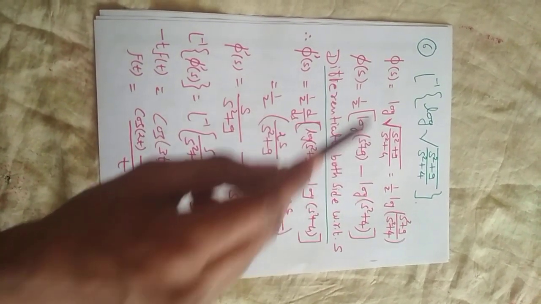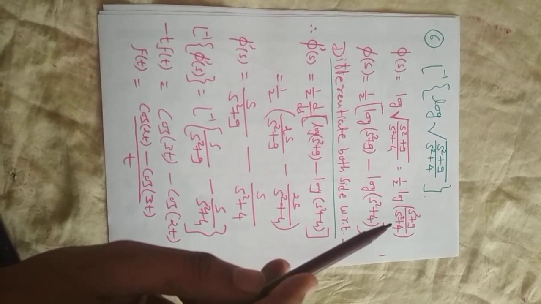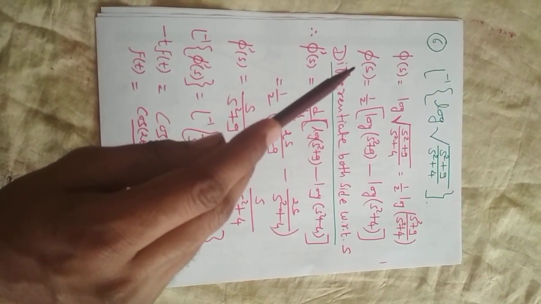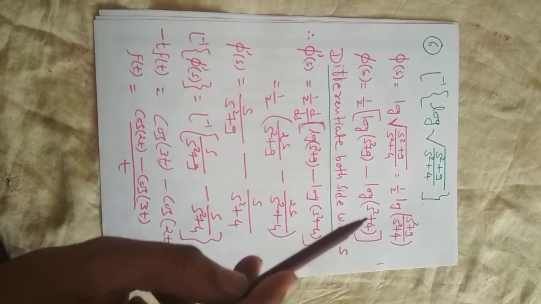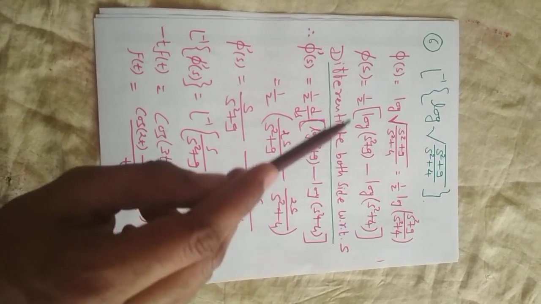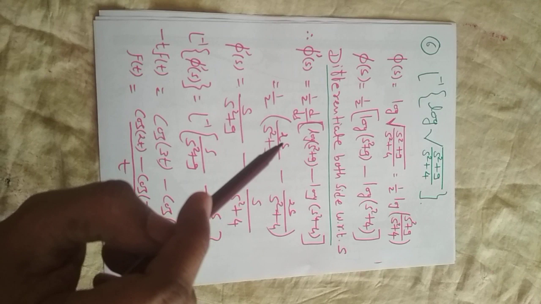So finally phi of s will be 1 by 2 log of (s square plus 9) upon (s square plus 4). Now phi of s equals 1 by 2 [log (s square plus 9) minus log (s square plus 4)]. We don't know the inverse Laplace of this part, but after differentiating we know it.